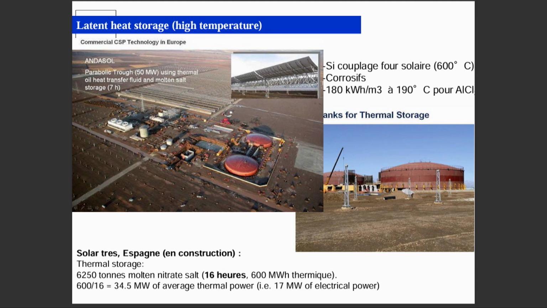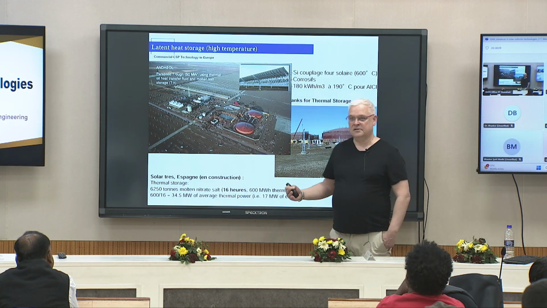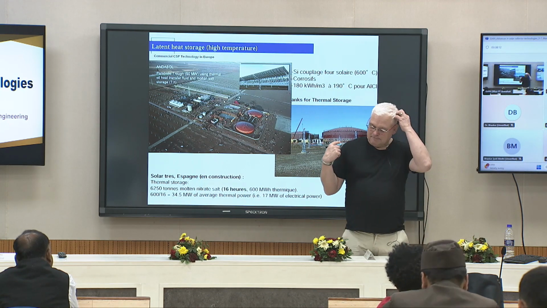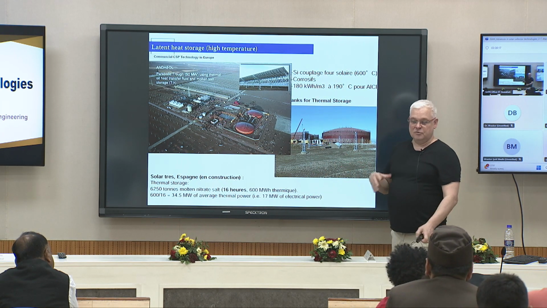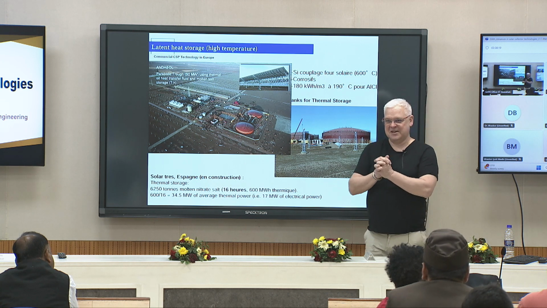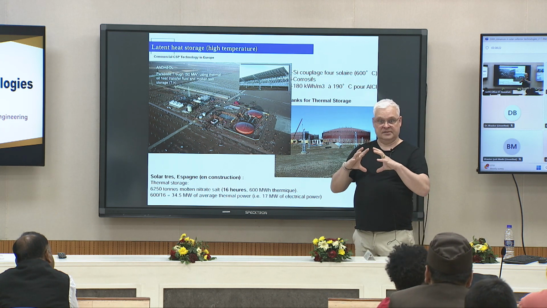So we can have an idea. It could have to store 6,200 tons of phase change material, which is molten nitrate salt. Okay, so in this kind of tank, this is very corrosive, and this is very dangerous if there is a leak. That explains that, even if it looks like green power generation, it is classified as dangerous.